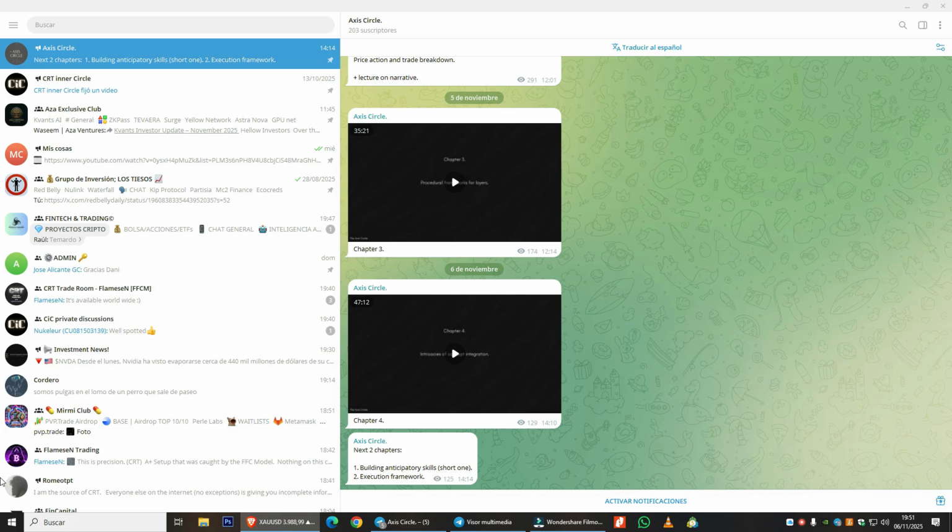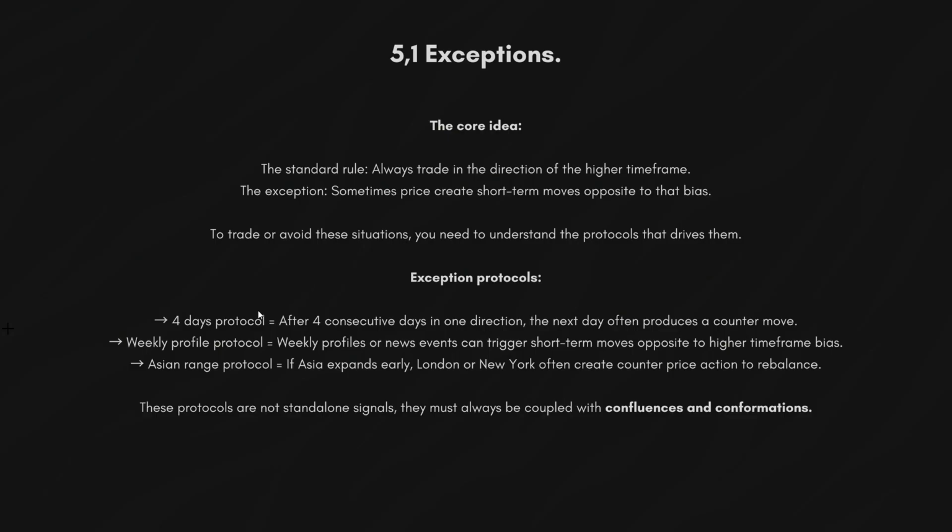That's the most foolish thing that you could do, which is making up your own protocols like this. If you make any other protocols apart from the ones that I've written down here, that could be the most foolish thing you can do. The only exception protocols that you must follow are the ones that I've written here. If you are wondering who came up with these protocols and exceptions, the answer is obviously ICT.